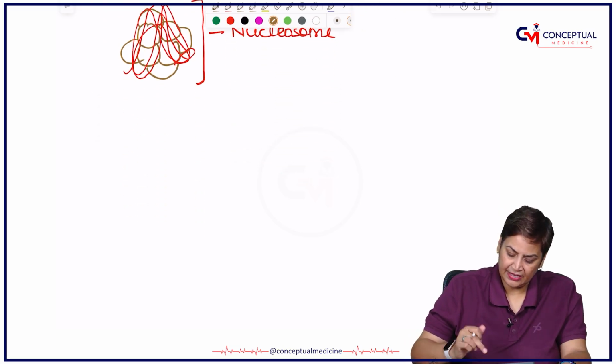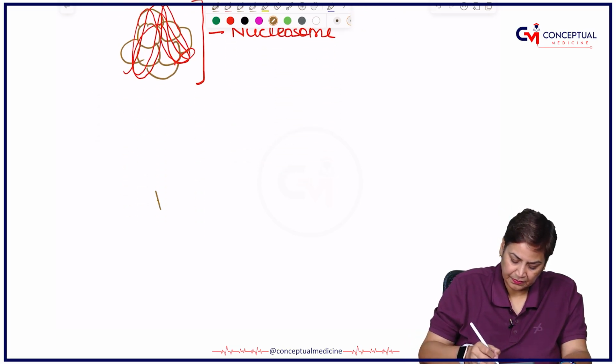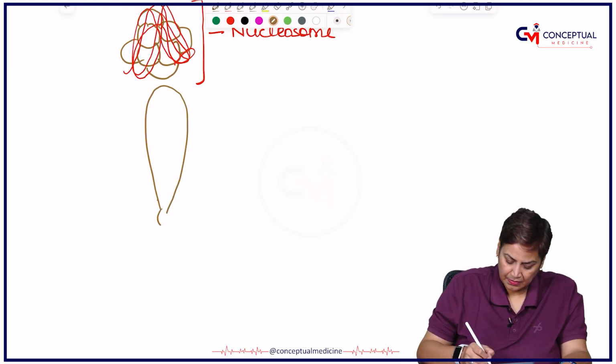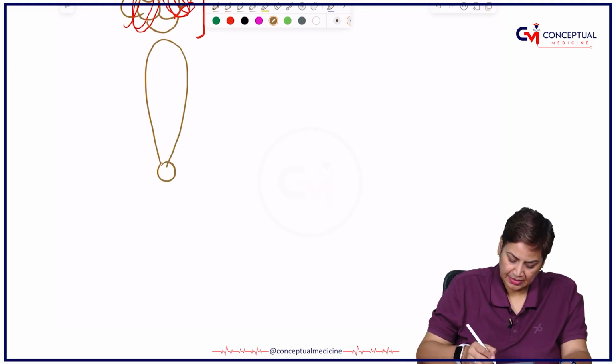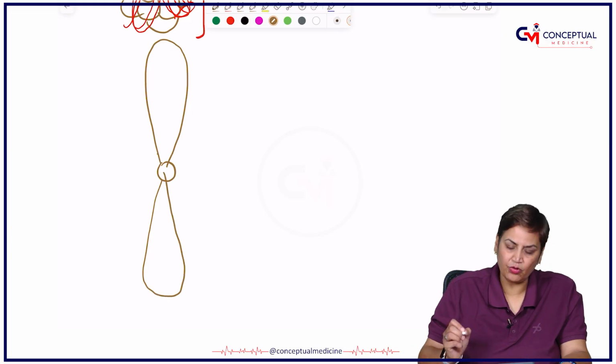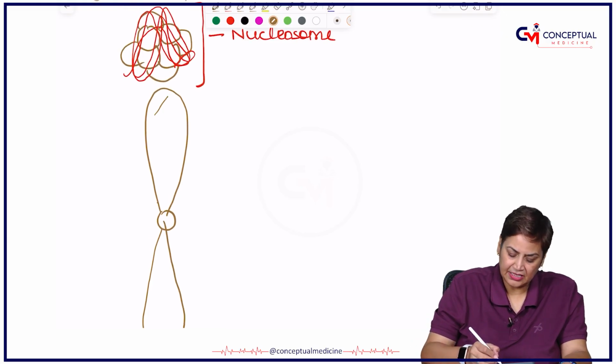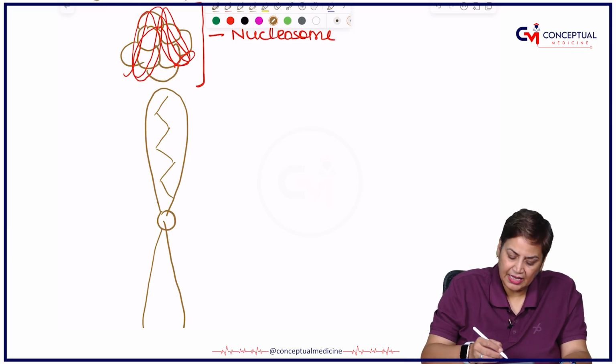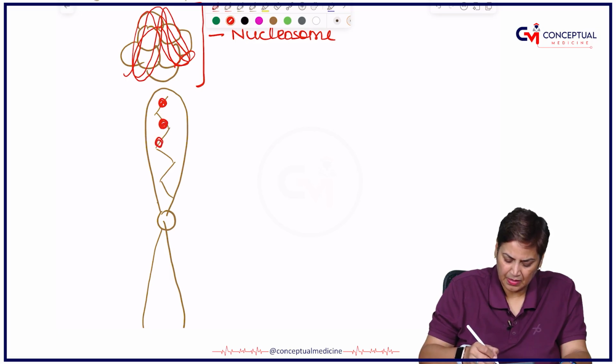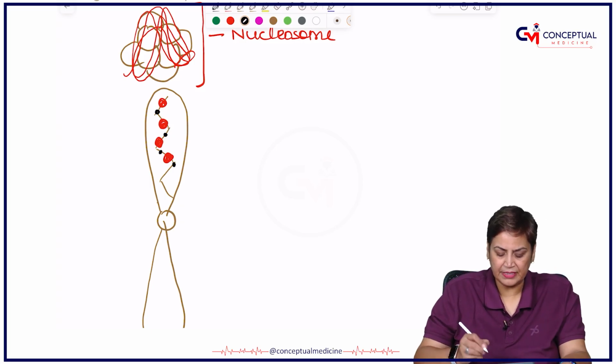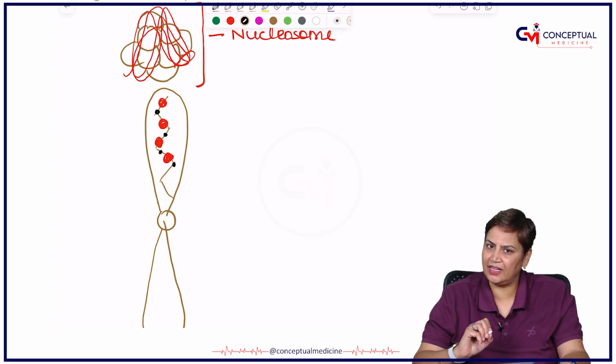So I can say that if this is the chromosome, this is the centromere, and these are the chromatids, and here this thread-like structure is there. Here this structure is present like this, and one small H1 is present like this, which is also known as the spacer DNA, or the linker DNA.